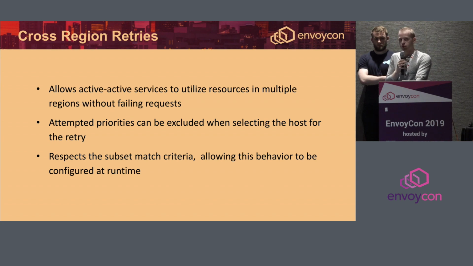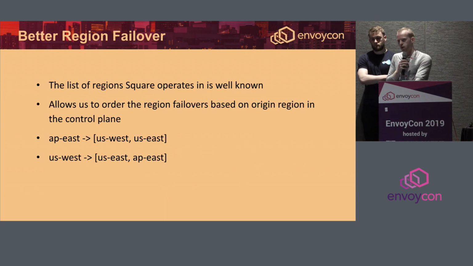And this also works just the way you imagine with subset matching, where it lets you clamp down on which regions should be considered for retries as well. And which is how we can enable this by default and tell people if you don't want this, you can disable it. And that greatly simplifies our control plane logic because we just enable it everywhere and make this dynamic config for clients.